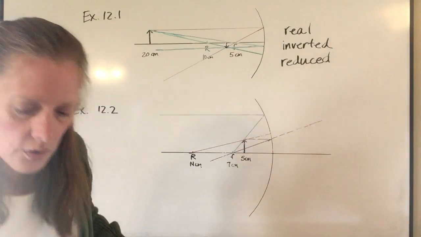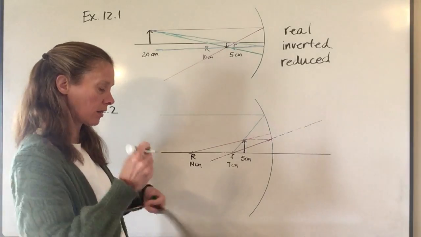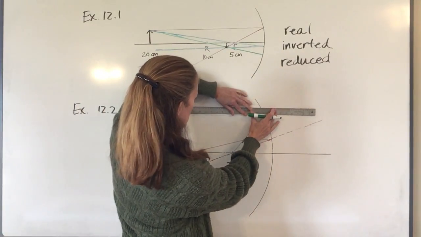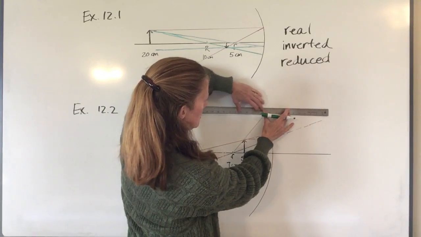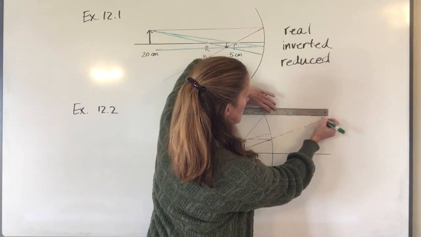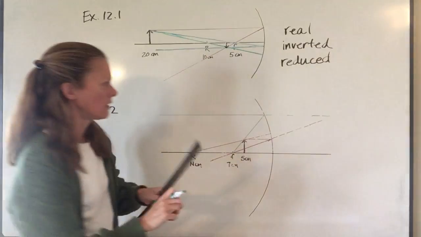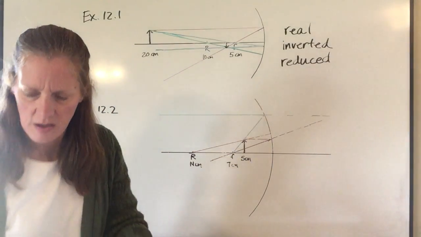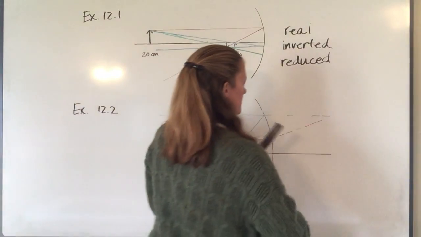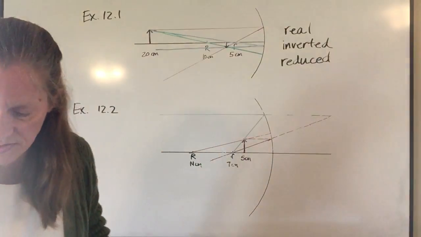Then the one that went through the focal point and reflected off parallel, I'm going to take that reflected beam and extrapolate that one backwards like this. And it looks like I still didn't get that line extended quite far enough, so I'm going to have to go a little bit further there so that they actually cross.